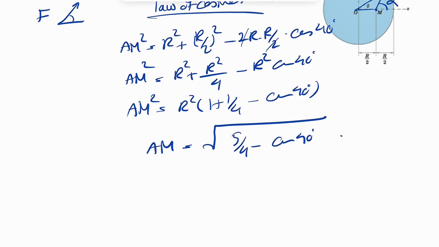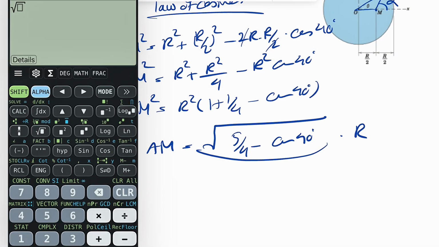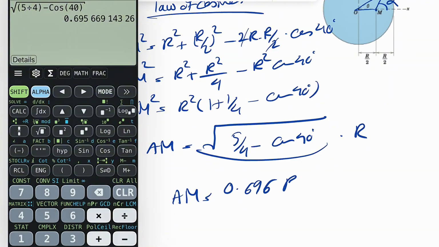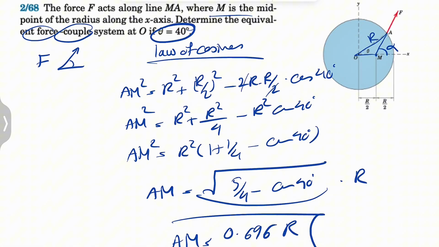We can take out the R, so we just have to figure out the square root of 5 divided by 4 minus cosine of 40 degrees. And our AM in here would be 0.696 R.